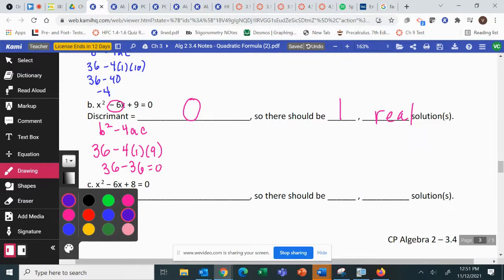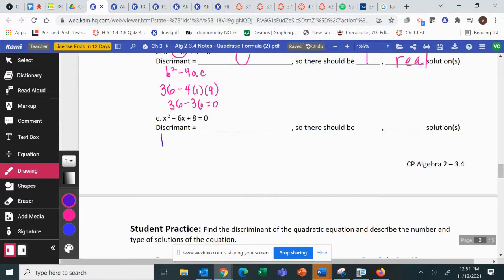And then the third one, we'll do b squared minus 4ac, which will be 36 minus 4 times 1 times 8. So 36 minus 32 is 4. That is a positive number, so we will have 2 real solutions.